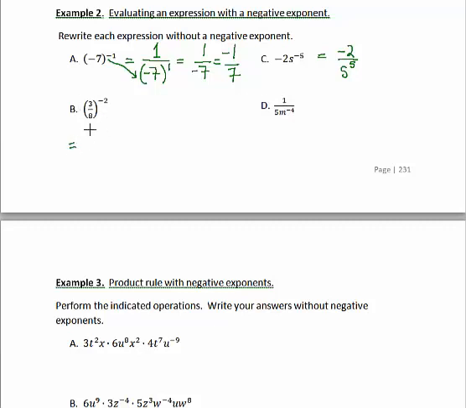Okay, B, we're going to sort of take a roundabout way. In B, we have a fraction, and it's raised to a negative exponent, 2.